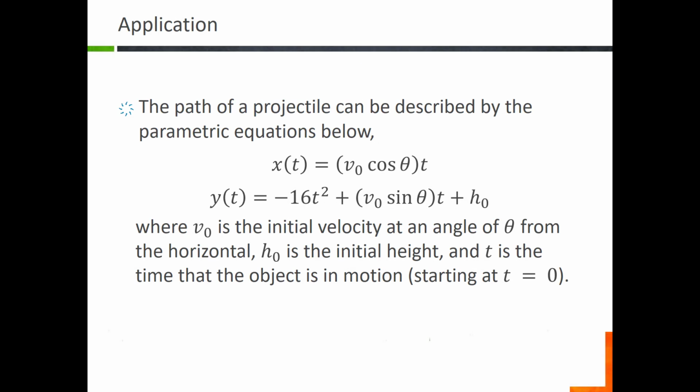All right, here's an application we could look at. The path of a projectile is a common application of parametric equations. We've already seen this with our satellite, but we're going to have a function of x and a function of y.